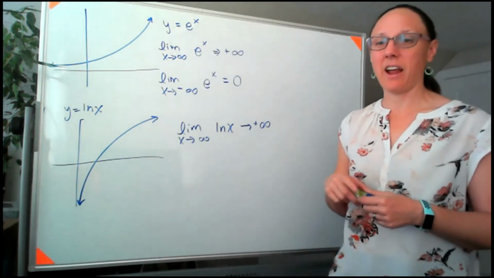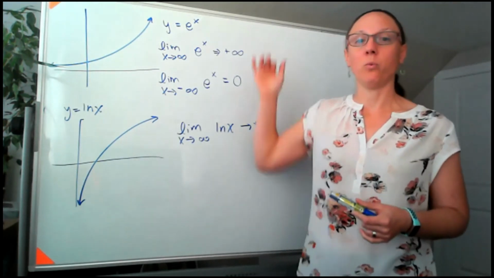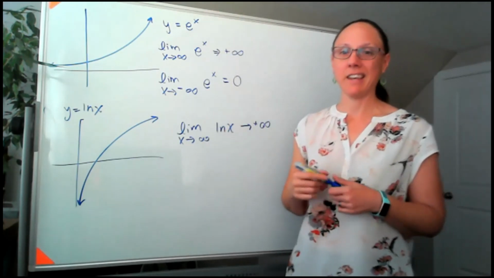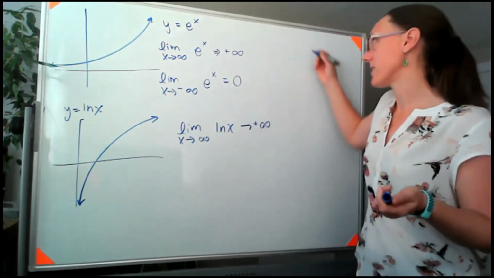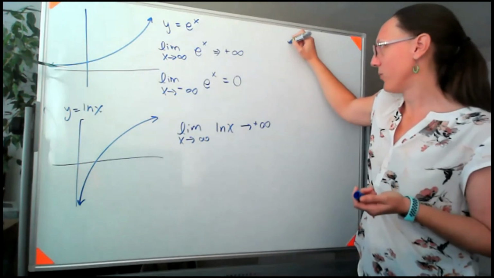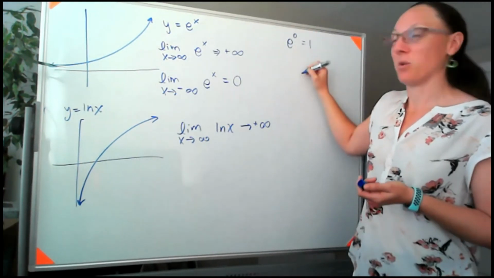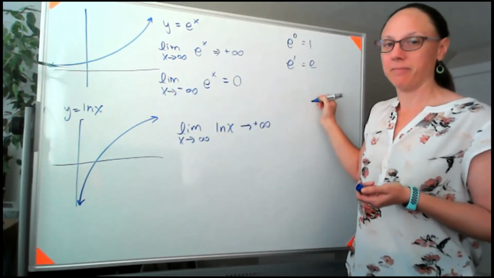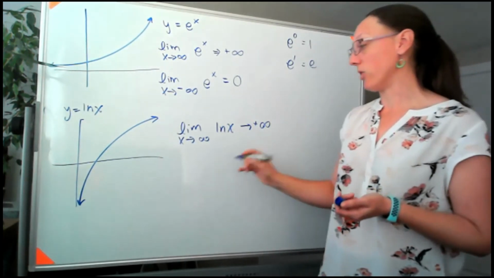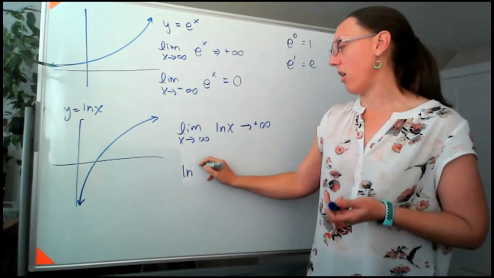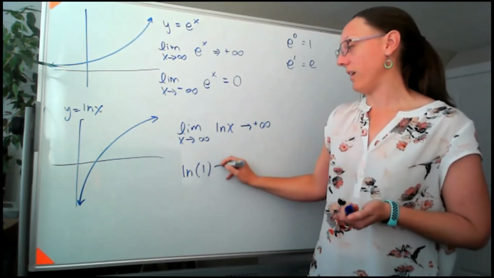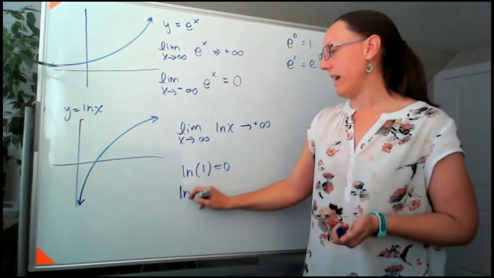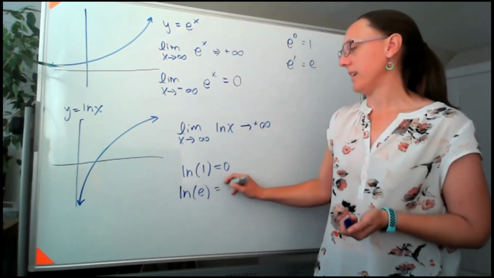Just other kind of facts to know with e to the x and ln of x, not exactly limit questions, but we should know that e to the 0 is equal to 1, and that e to the 1 is, well, just e. In terms of natural log, we should know that natural log of 1 is equal to 0, and natural log of e is equal to 1.